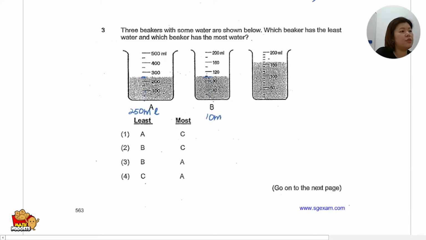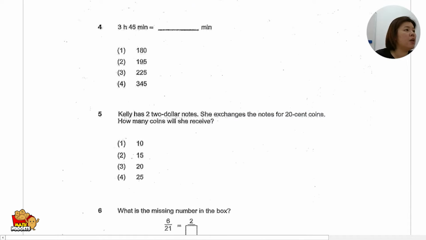This is 100. And this one is 50, 60, 70, 80, 90, 100. Okay, so this is 160. So the least is my B and the most is my A. Answer 3.